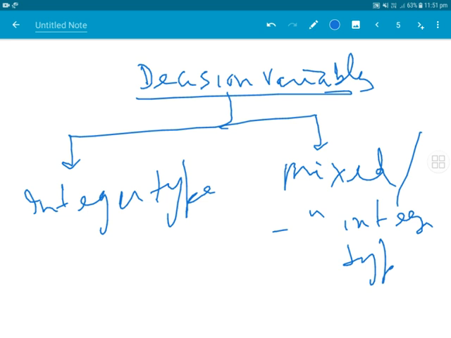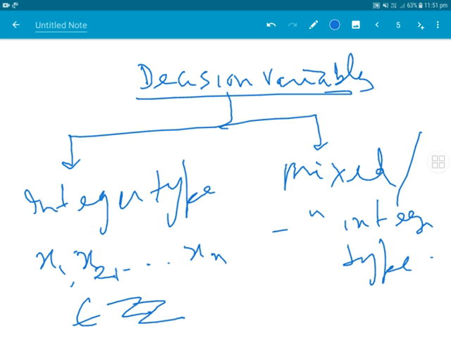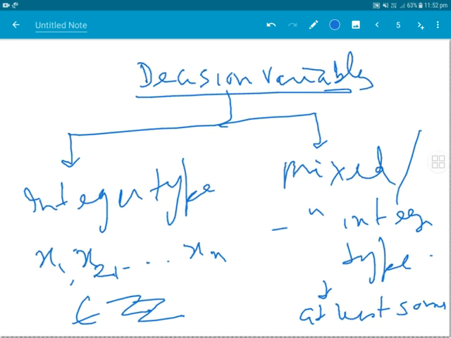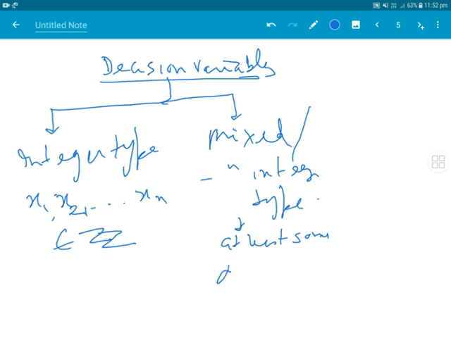In the example which we just did, x1 and x2 were the variables. If I take x1 to xn, they should all belong to Z if it is integer type. If not, then at least some do not belong to Z.